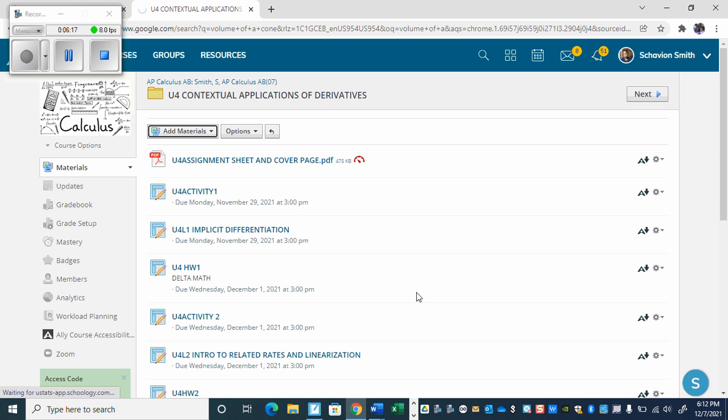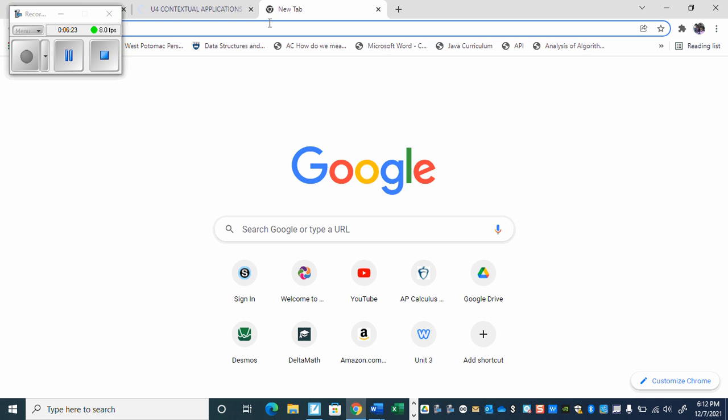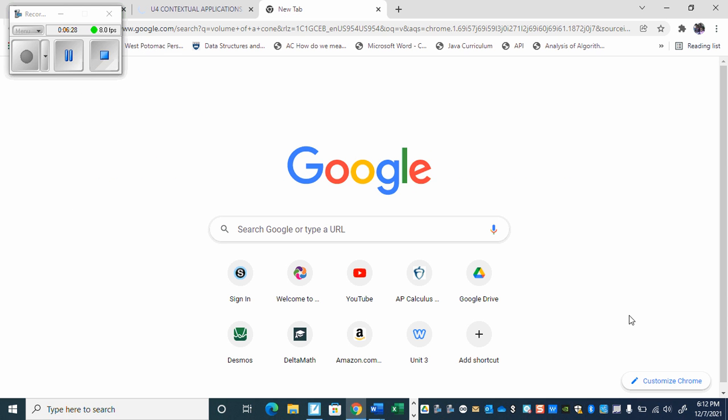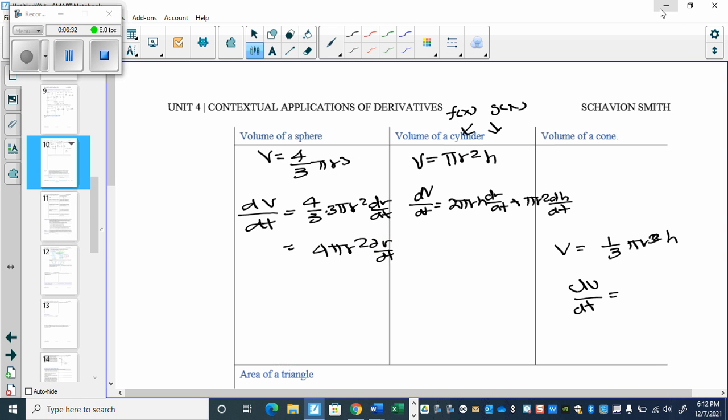Of course, it's going to take forever. Oh yeah, the servers are down. So I think it's 1/3 pi r cubed, or squared. If it's squared, then there's h involved, and I do believe there's h involved.